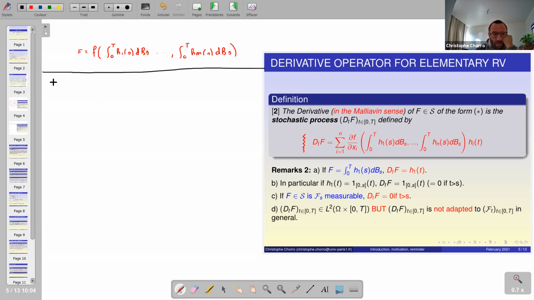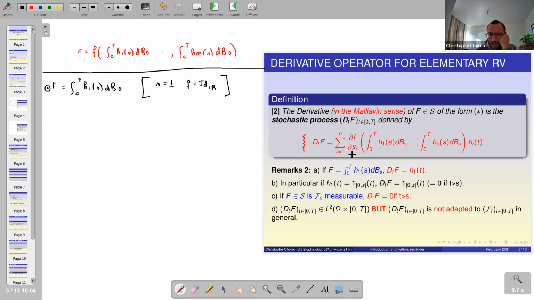So let's take the basic case where f is just a Wiener integral, simply. So if f is just a Wiener integral, it has the preceding form, okay, with n equal to 1 and f equal to the identity of R. Okay, so if I apply the formula, I have a single element in my sum because n is equal to 1.